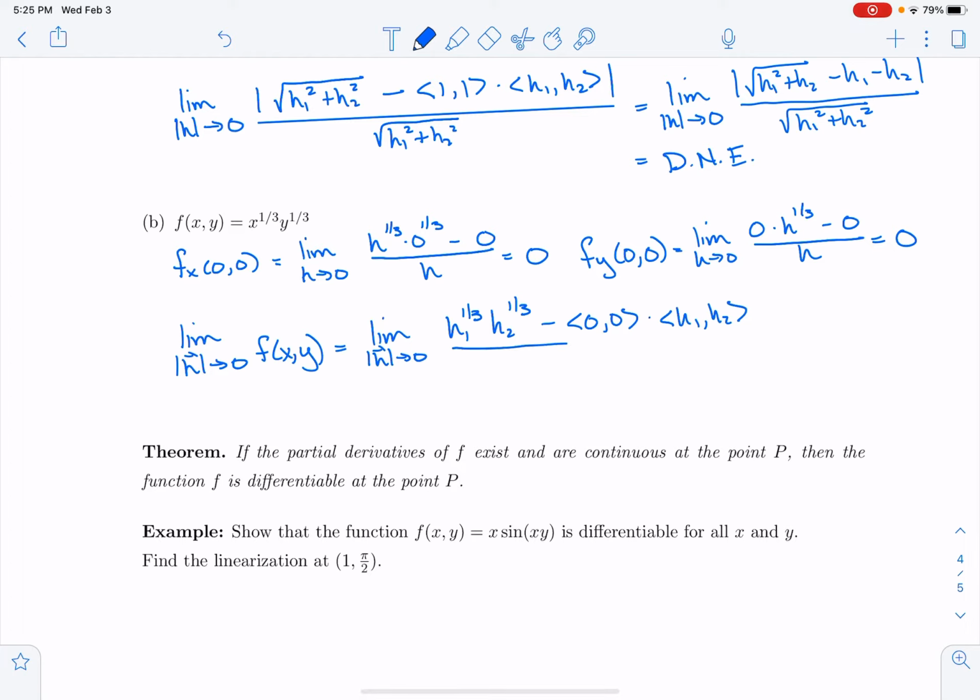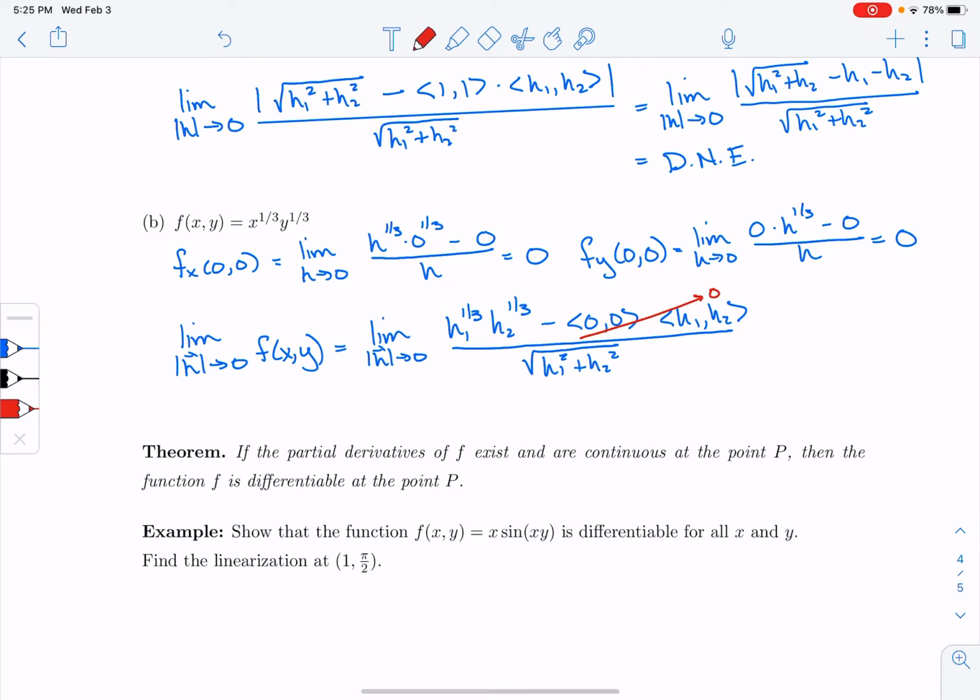And then divide that by the length, which is the square root of h1 squared plus h2 squared.